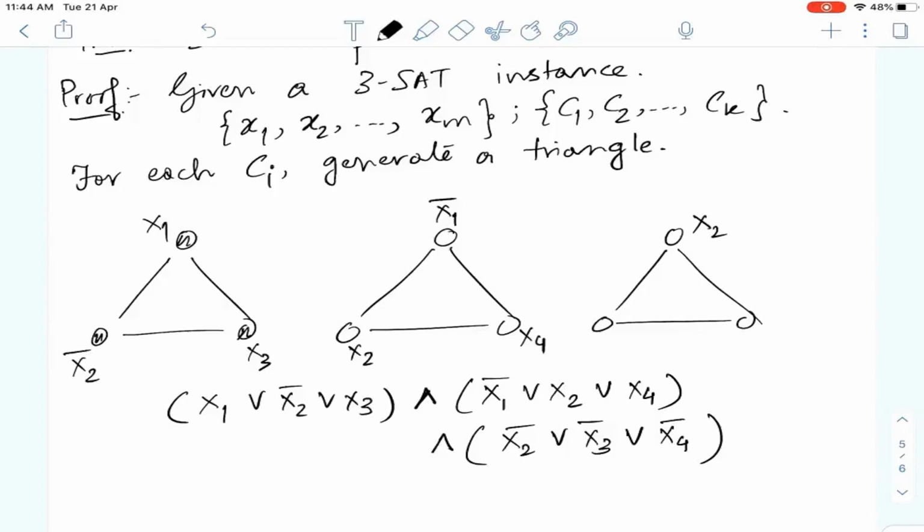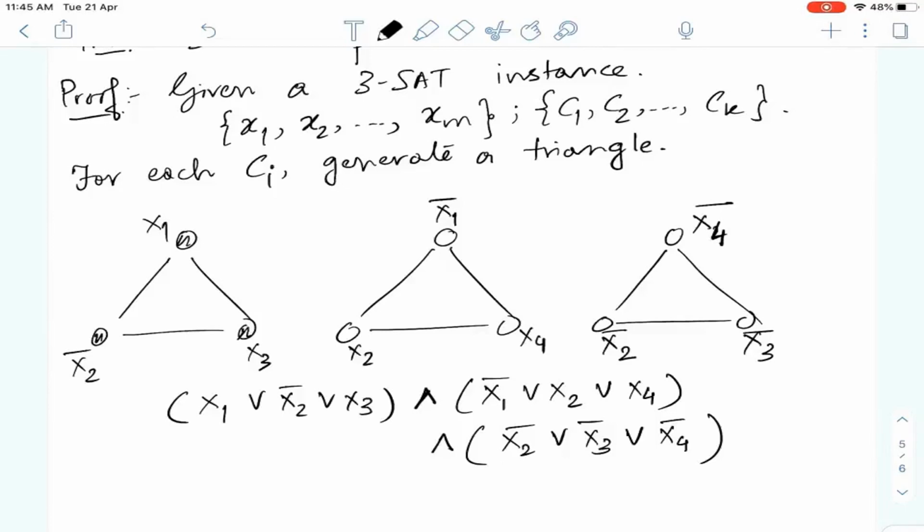Okay, let me label this with x4 bar. This I label with x2 bar, and this I label with x3 bar. Okay, so those are the semantics of my nodes.